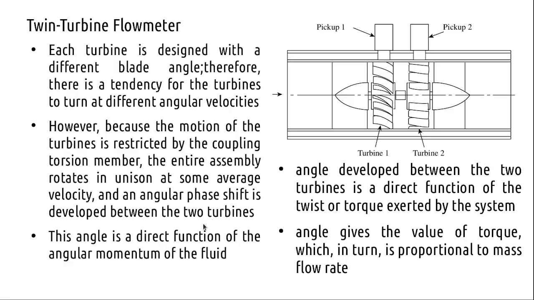So this angular phase shift is a function of the angular momentum of the fluid. The angle gives the value of the torque, which is proportional to the mass flow rate. That is the idea in a twin turbine flow meter. This is the best explanation I came across.